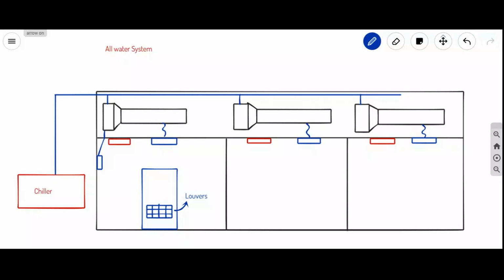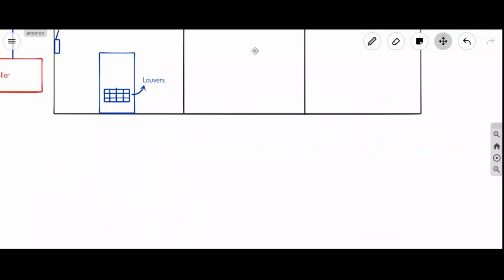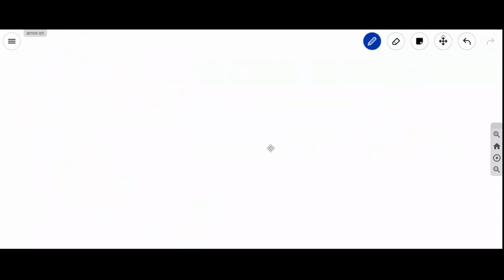Okay, is everything fine? Now, how are we going to save energy by using these fan coil units? Let me tell you a small basic fundamental on this.